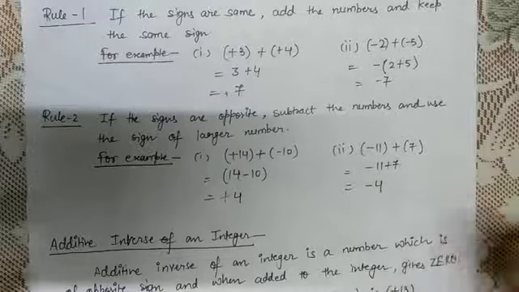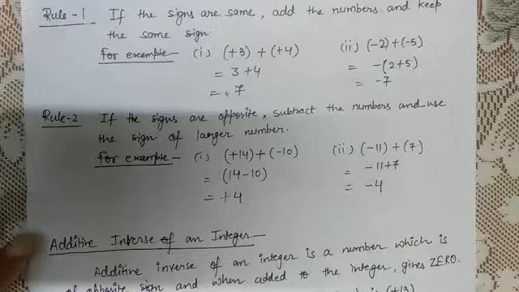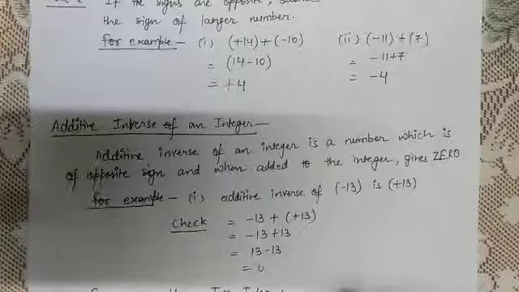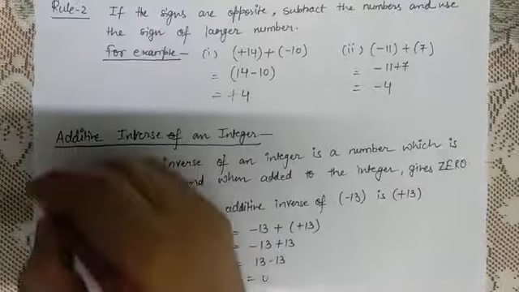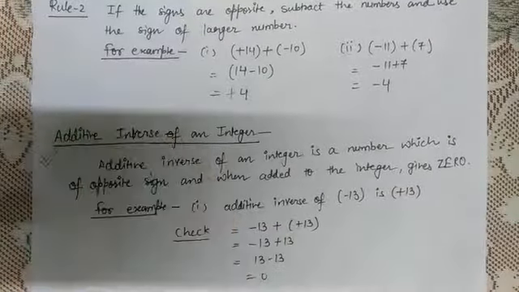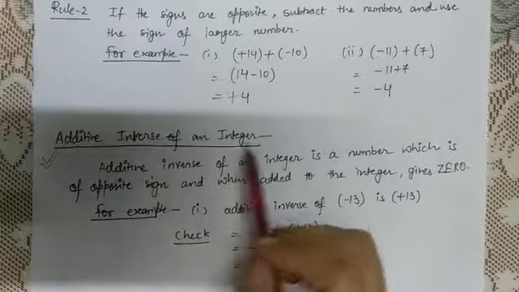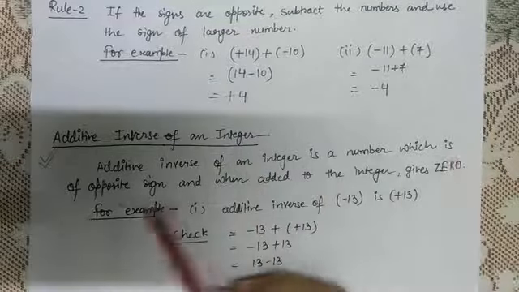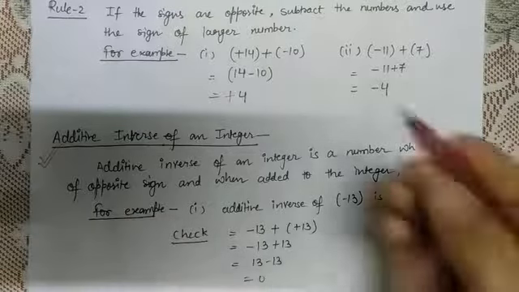Now what is additive inverse of an integer? This point I have also given in assignment number 12. Additive inverse of an integer is a number which is of opposite sign.